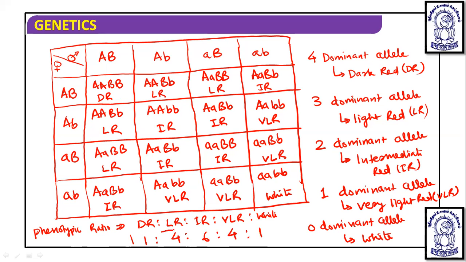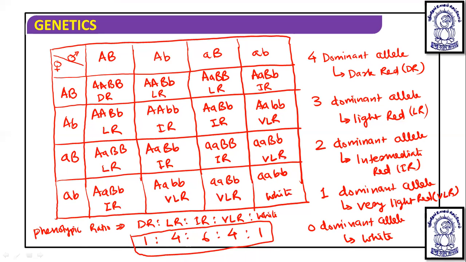So the phenotypic ratio of this polygenic inheritance, when two genes are showing polygenic or quantitative inheritance, is 1 is to 4 is to 6 is to 4 is to 1.